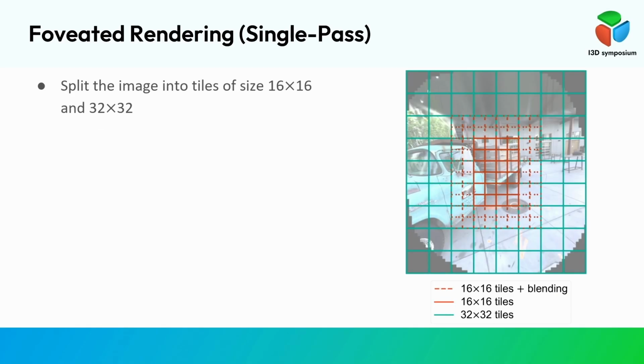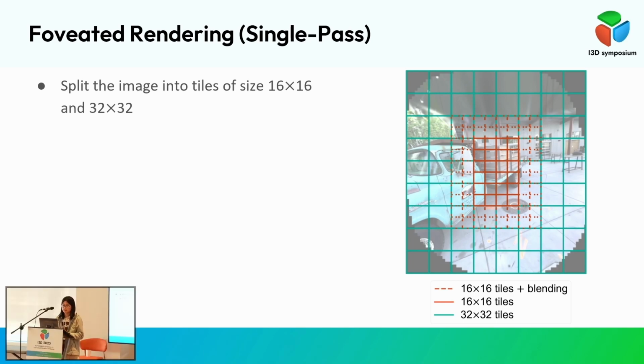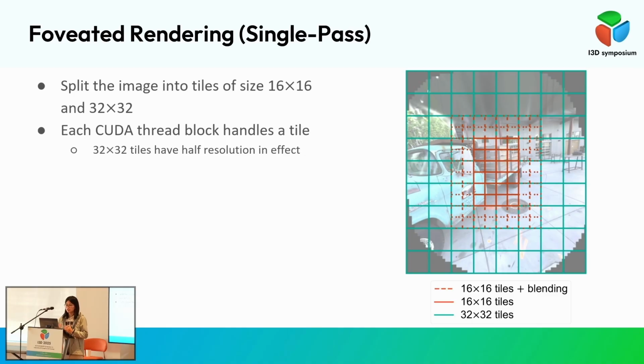So we further propose to use a single-pass foveated rendering. We split the image into tiles of size 16 by 16 and 32 by 32. The middle of the image has small tiles, and the periphery of the image has large tiles. We launch a single CUDA kernel, and each thread block inside the kernel handles a tile in a similar manner. For each tile, we sample 16 times 16 pixels inside it.